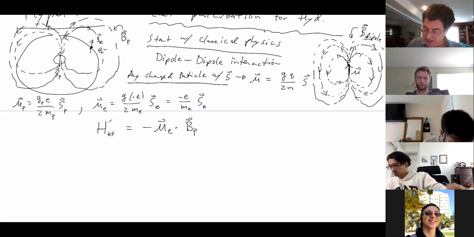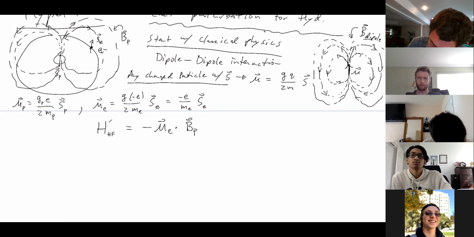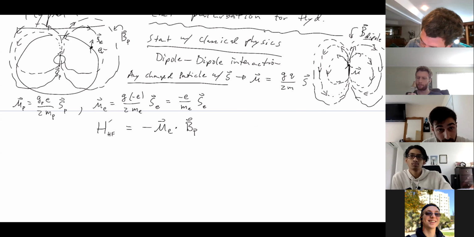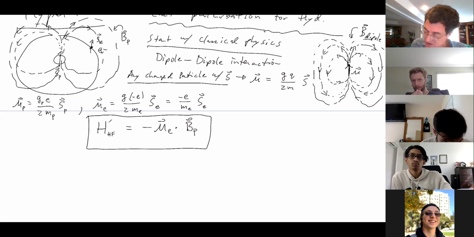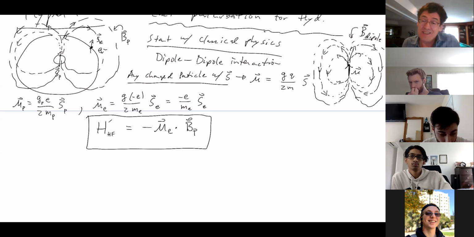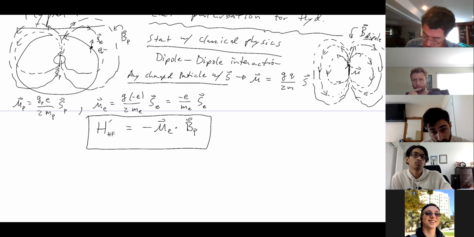And so there's an energy of interaction. This is the energy of the spin of the electron as it feels the magnetic field from the proton. So it's actually quite simple. Classically, the idea is very simple. This is dipole-dipole interaction.